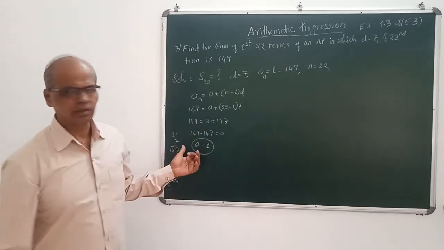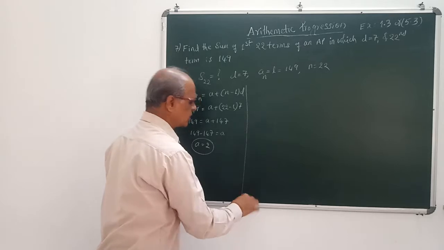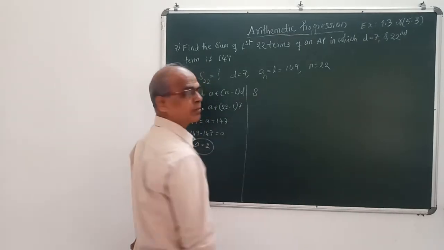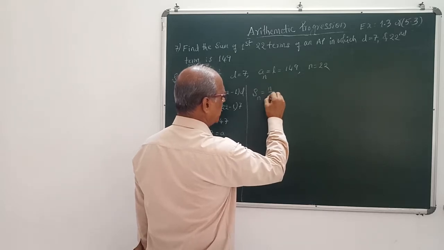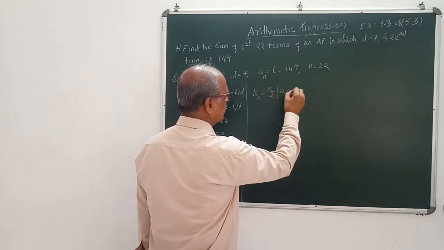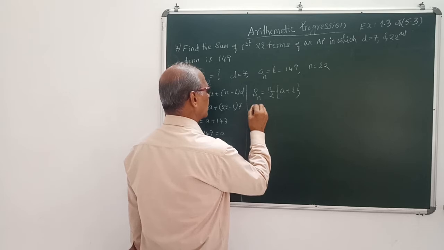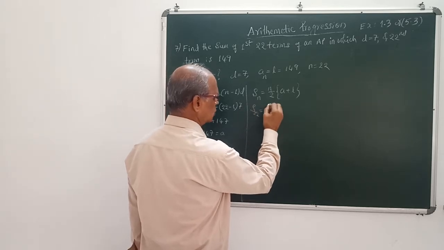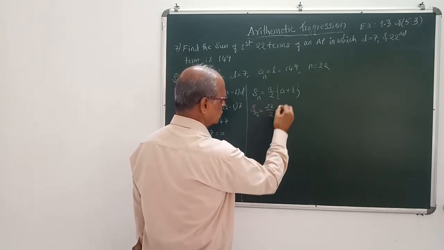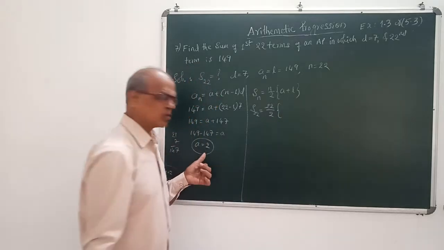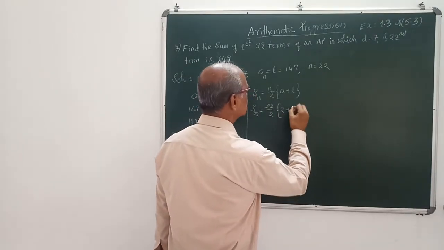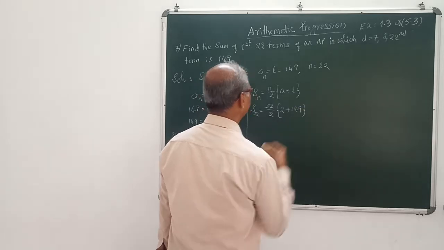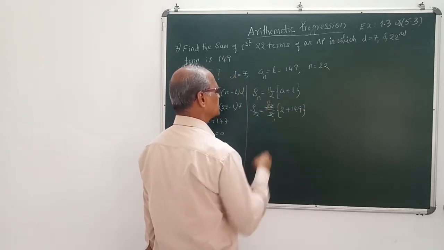So we know what is A. Now we have to go in for sum up to 22 terms. So Sn is equal to n by 2 (A plus L). Yes, S22 is equal to 22 by 2. A we have found out as 2, that means it is 2 plus L is 149. 2 ones are 2, 11s are.